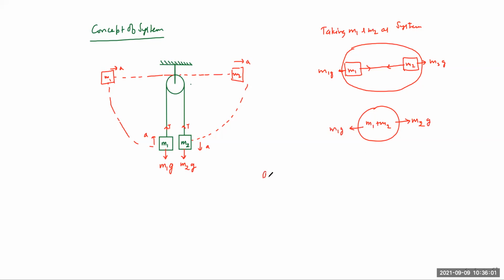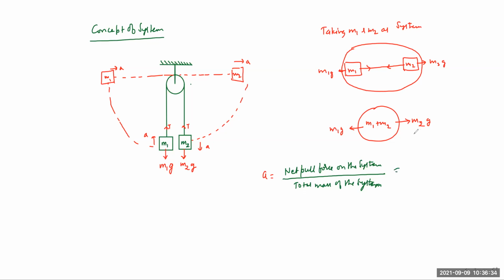So the acceleration we define in this situation is the net pull force on the system divided by the total mass of the system. And this will do all the job. And therefore we have the answer.